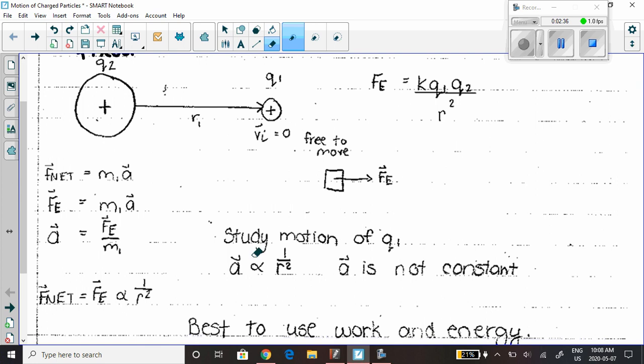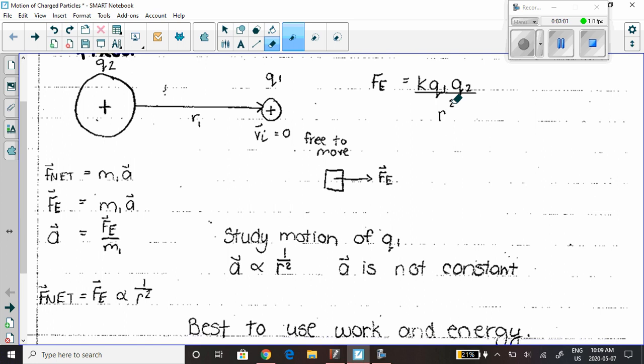So if we want to study the motion of Q1 as it is accelerated away from Q2, take a look at this. The acceleration is equal to electric force divided by mass. But electric force depends on how far away the two charged particles are from each other.